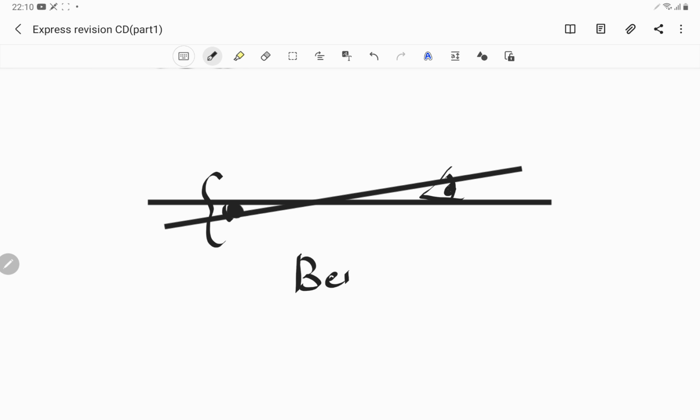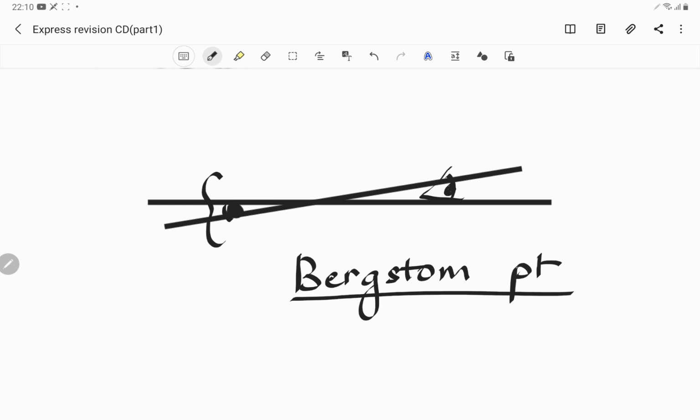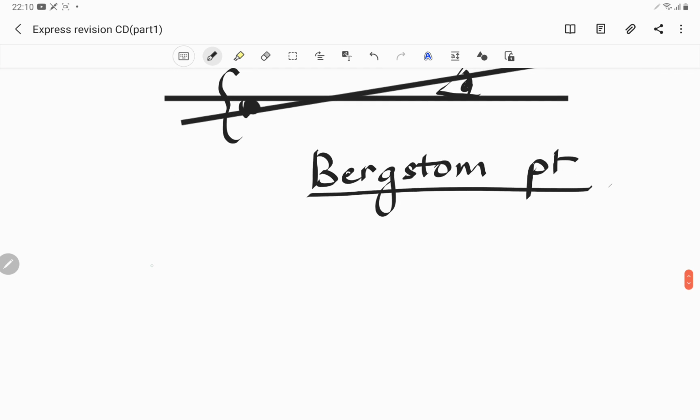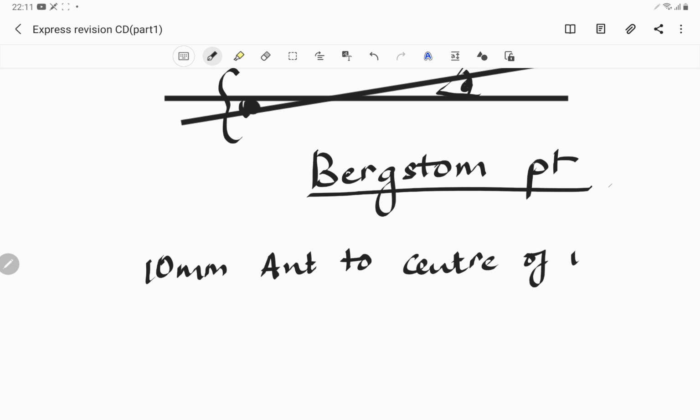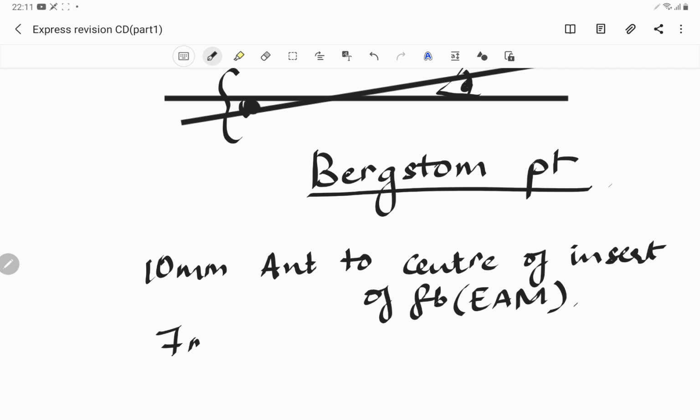So the Bergstrom point is 10 millimeters anterior to the center of the insert of the face bow, which is inserted into the external acoustic meatus or external auditory meatus, and it is 7 millimeters below the FH plane.